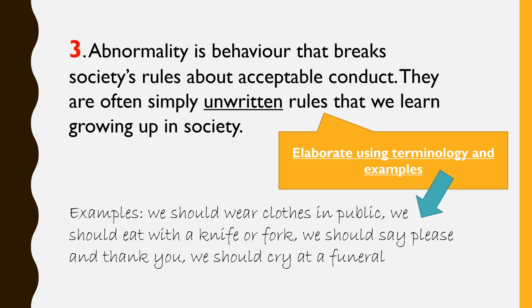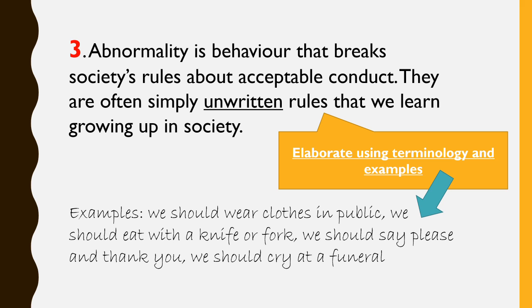So wearing clothes in public, eating with a knife or a fork, saying please and thank you, knowing that we should cry at a funeral. Nobody tells you to do these things, it's just expected. So that's the little bit about social norms, and that would get you your 3rd mark, okay? Telling me what a social norm is and providing me with an example.